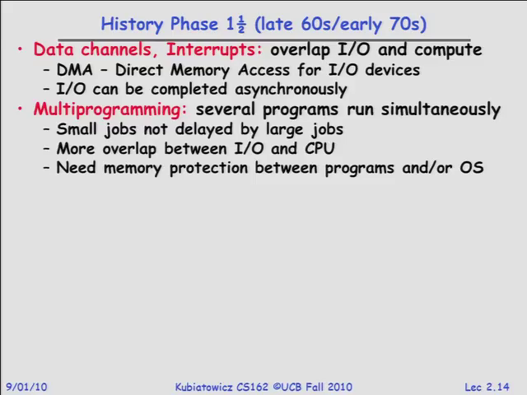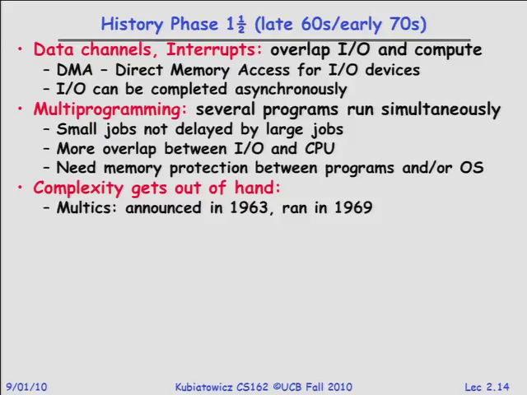Now, complexity, unfortunately, gets out of hand. This is kind of amusing. Operating systems designers were like kids in a candy store with a new toy. They said, we're going to optimize for everything we can by making the operating system more complicated. The primordial example of this is Multics, a project at MIT, announced in 1963 and running in 1969. So it took them 6 years to go from conception to running.